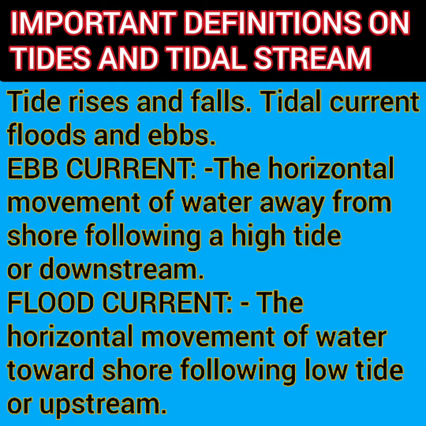Basically, water is rising and falling. And when we are talking about tidal currents, they either flood or ebb. Ebb current is the horizontal movement of water away from the shore following a high tide, or downstream. And the flood tide is the horizontal movement of water towards the shore following low tide, or upstream.